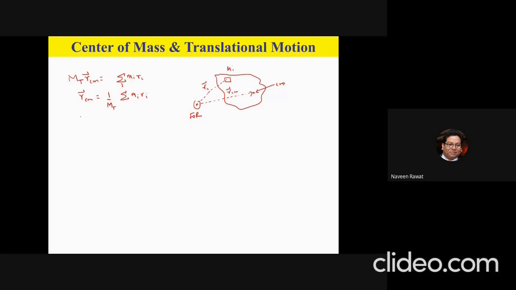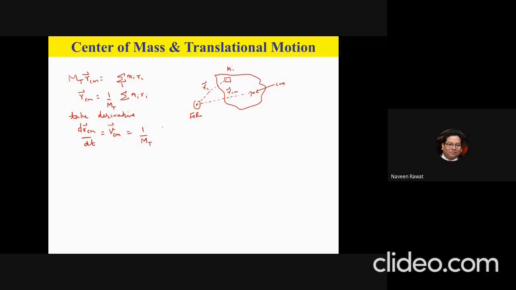If I take the derivative of this, on the left side I'll get dr by dt, and that is nothing but the velocity of the center of mass, with which the center of mass is moving. That will be 1 over m total.